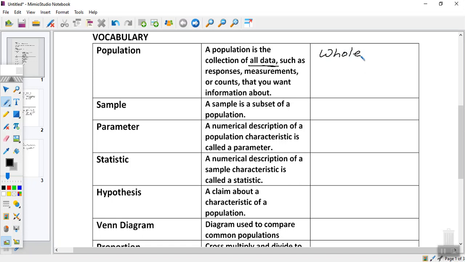Then what the heck is a sample? Like a portion of the whole. A portion of the whole. This class would be considered a what? Is this class a sample of the population at UHS? Yes. So here's UHS right here. The outside of the UHS, what might this represent right here? Us. Our room right there, right?